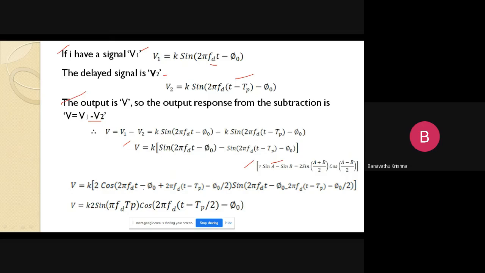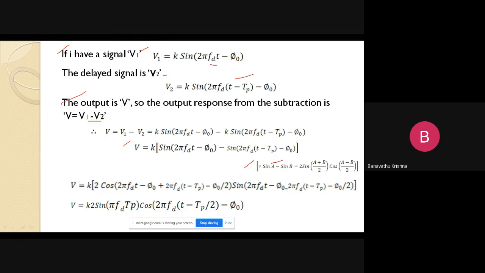V equal to k of 2 cos of [2 pi fd t minus phi naught plus 2 pi fd of (t minus Tp) minus phi naught] by 2, into sine of [2 pi fd t minus phi naught minus 2 pi fd of (t minus Tp) minus phi naught] by 2.